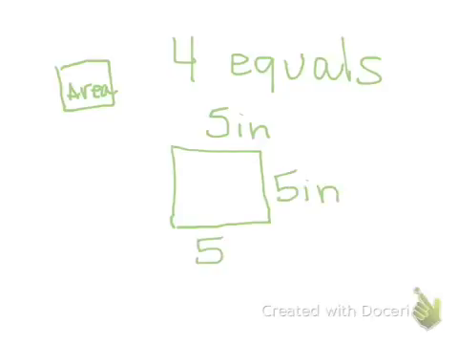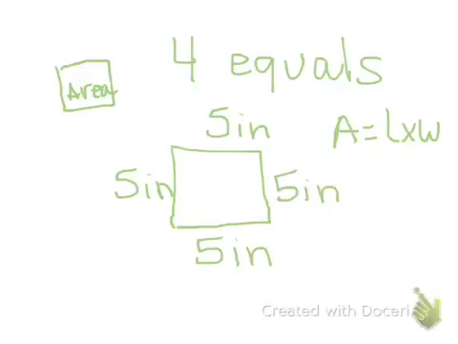Now, in order to find the area, you guys know the formula as area equals length times width. Please do not get that confused with perimeter. Perimeter is where you add all the sides on the outside, which would make it 20. But for area, I'm only going to take two side lengths and multiply them.